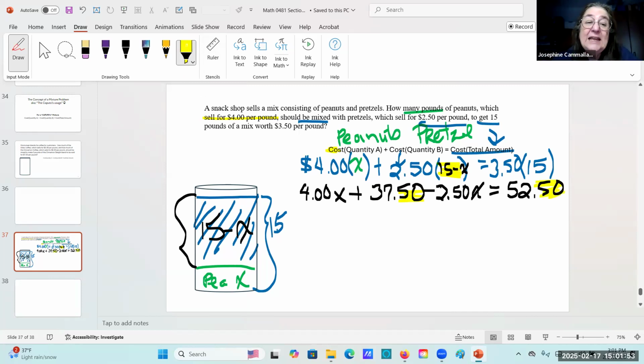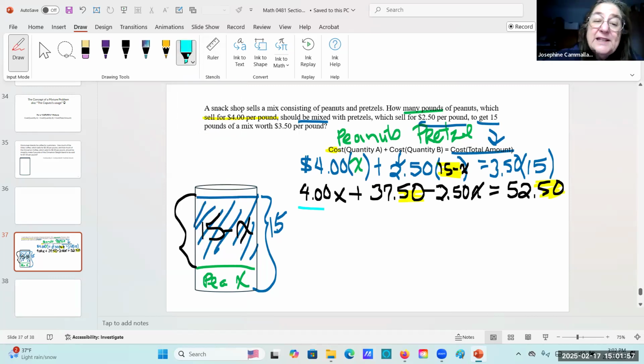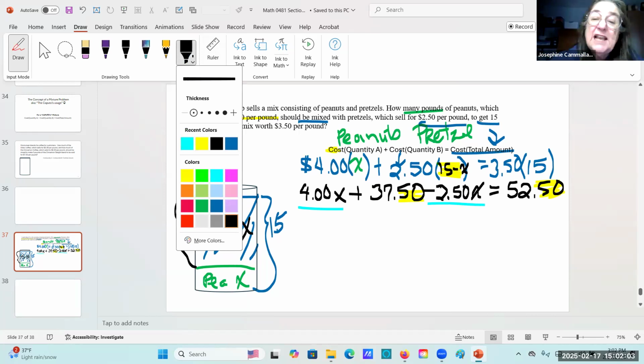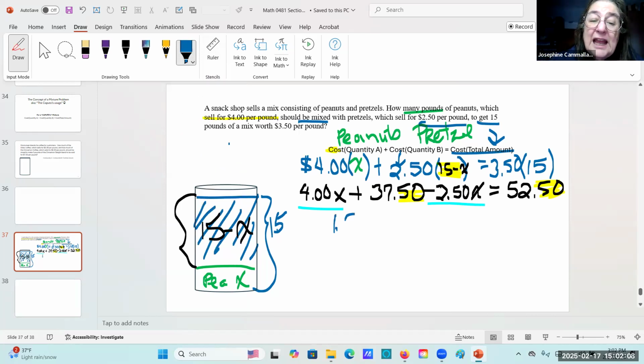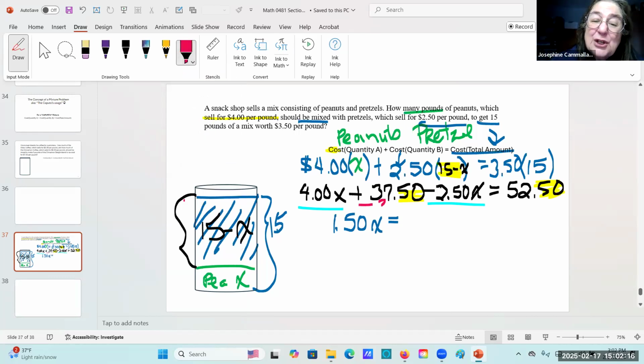Okay. Now we're going to combine terms, which means my X's, $4 minus $2.50, is going to give me $1.50X. Now I'm going to subtract $37.50.